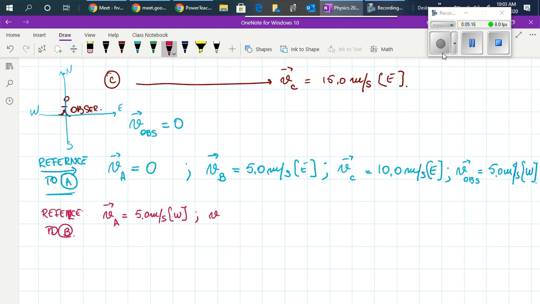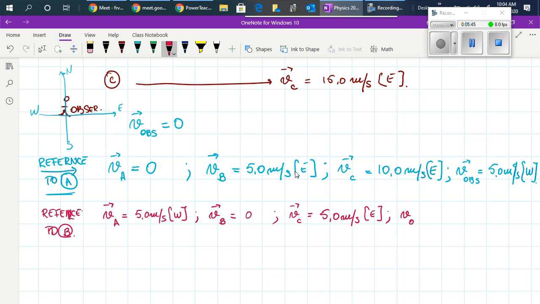And the velocity of object B in reference to object B is 0 meters per second. And the velocity of object C in reference to object B will be 5 meters per second going east.